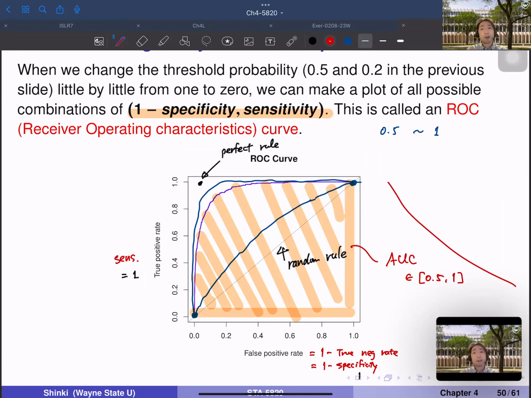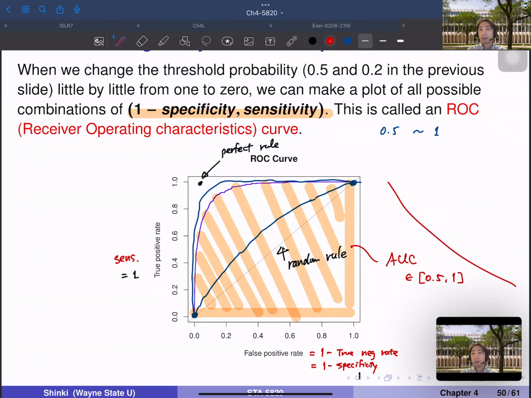Then at least we optimize the sign of the predictors. For example, higher blood pressure has higher risk of heart attack, or lower blood pressure has higher risk of heart attack. If that's estimated from the data, usually that model performs better than the random rule. So AUC is likely to be larger than 0.5.